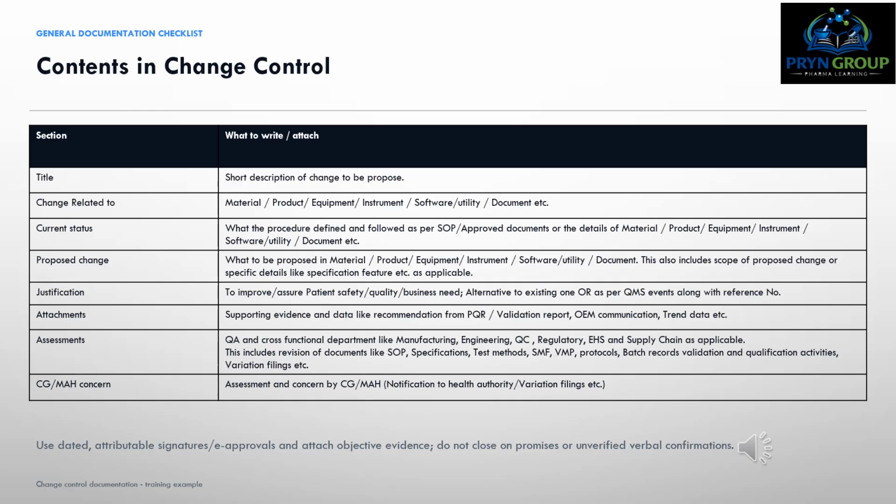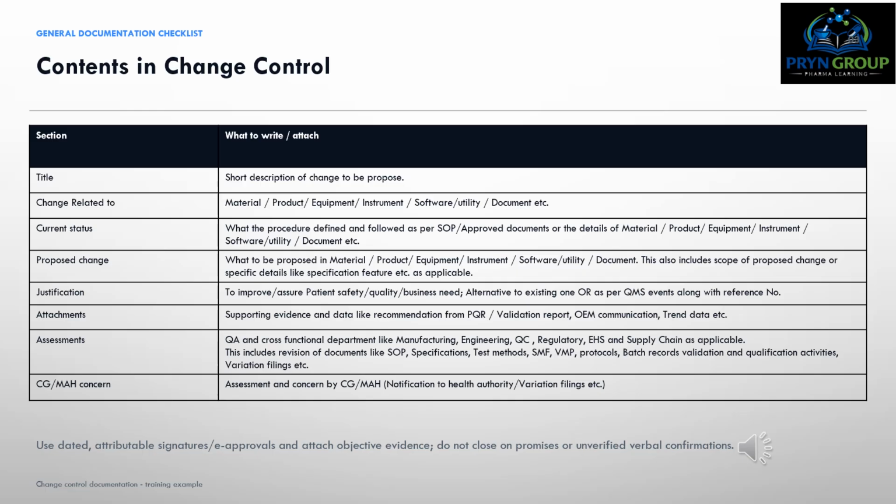This includes revision of documents like SOP, specification, test method, SMF, VMP, protocol, batch record, validation and qualification activities, variation filings, etc. If you propose one SOP revision and in reference any other department's SOP is affected, in that case the other department will identify the SOPs and put in their comments as part of the assessment.